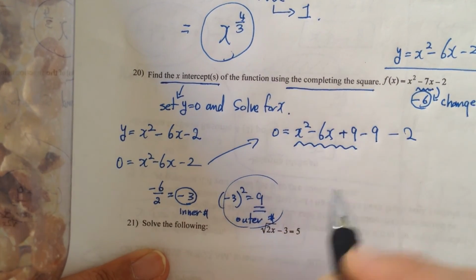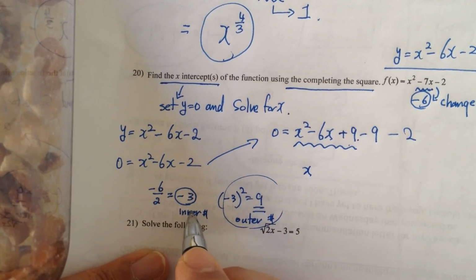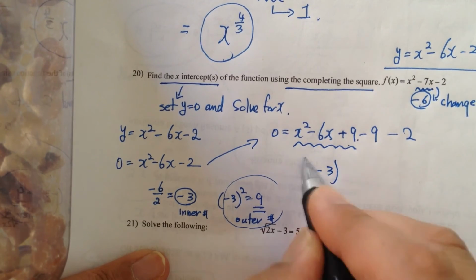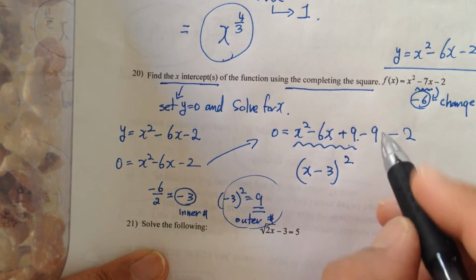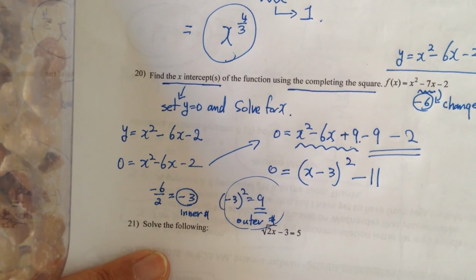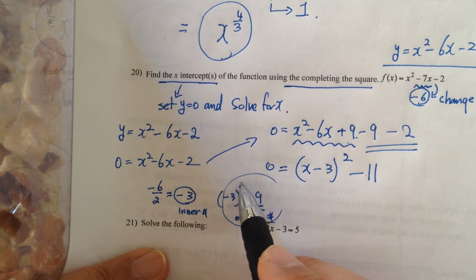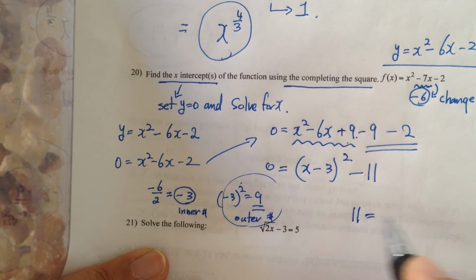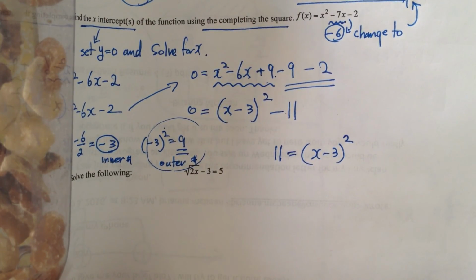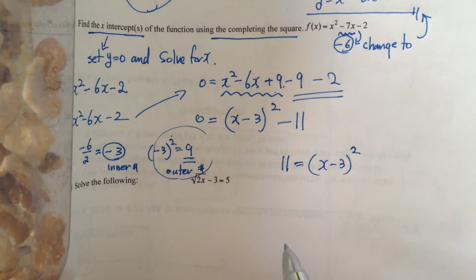Now, if you factor the first 3 terms, you'll be able to factor, in fact, the inner number happens to be the inside of the parentheses. From there, we're going to swing -11 to the other side. So 11 equals, and then square root both sides.